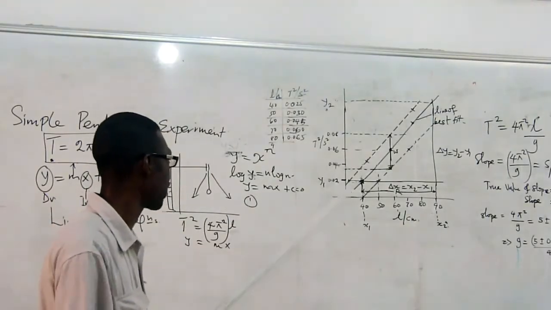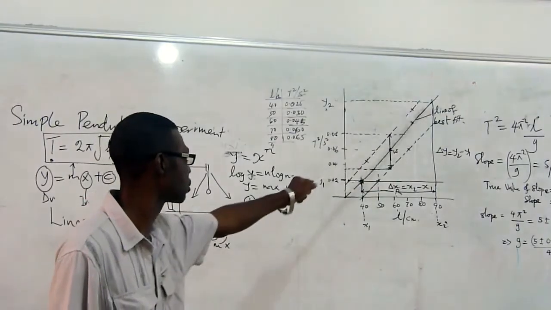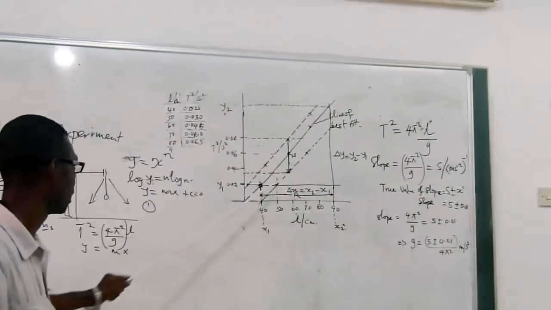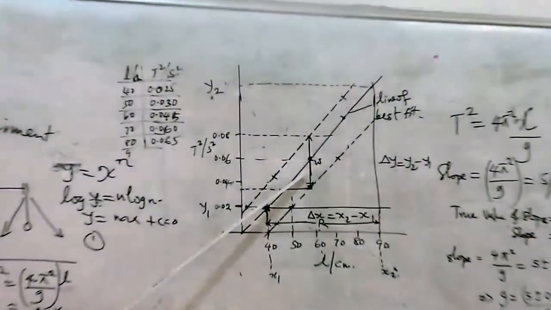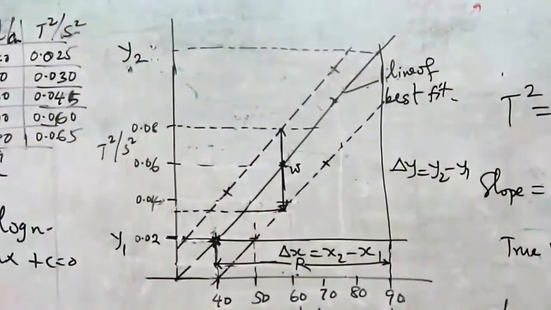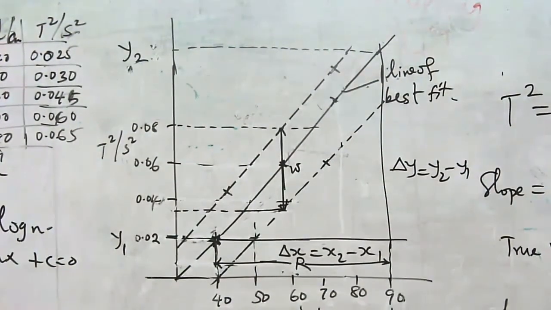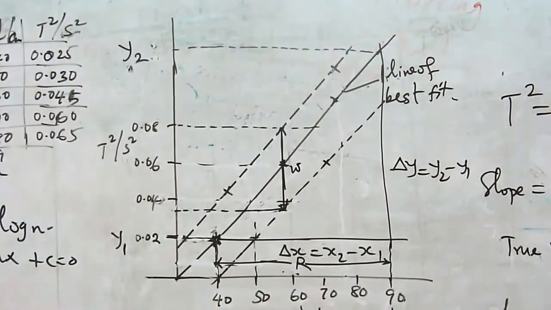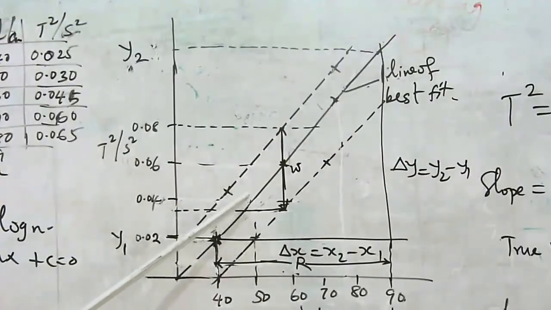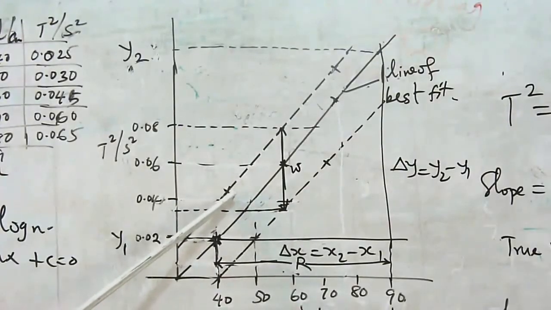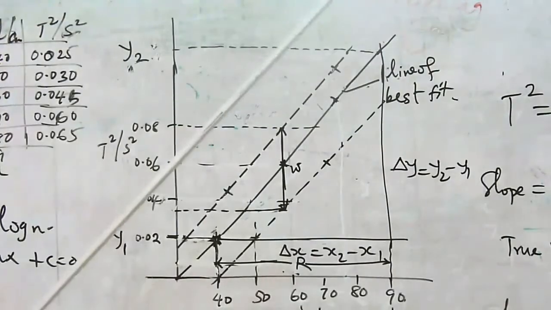So our graph is going to be something like this. This is what we call the line of best fit. When you draw graphs, if you have about 7 points, at least 3 of those points must fall on a straight line. The line of best fit is a line that leaves an equal number of points on either side.